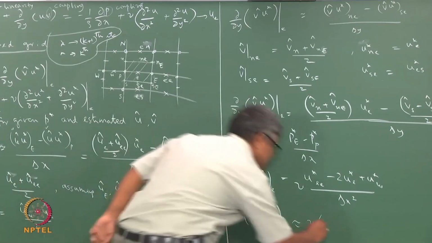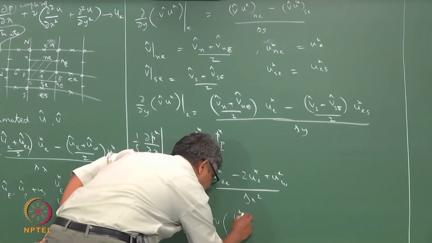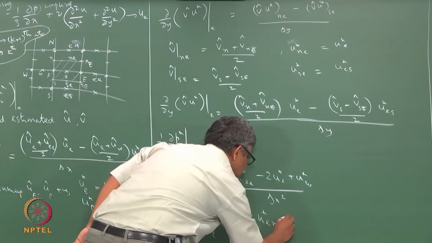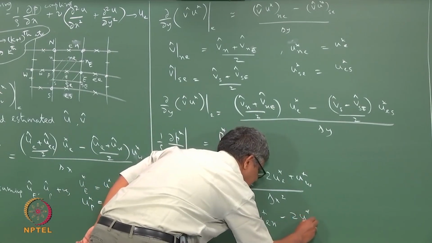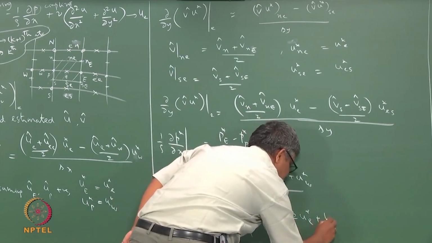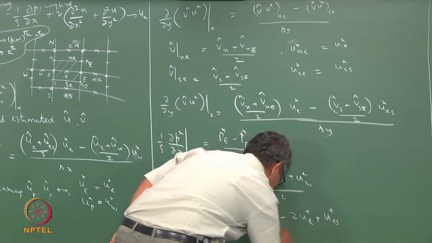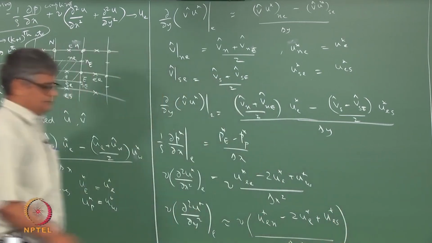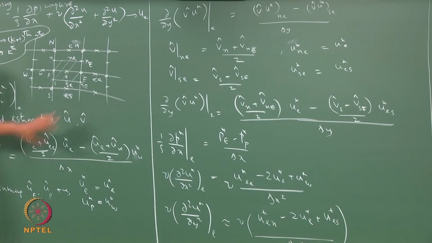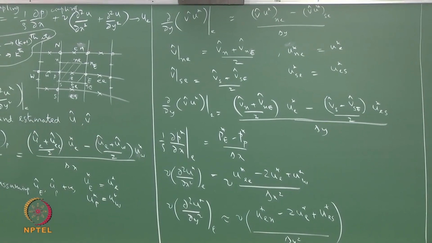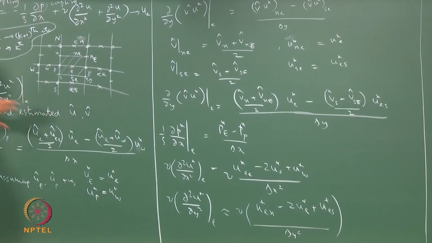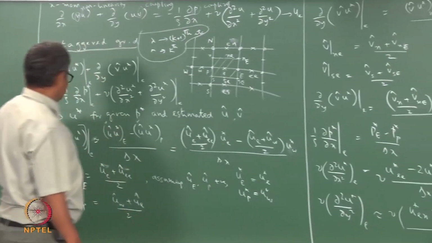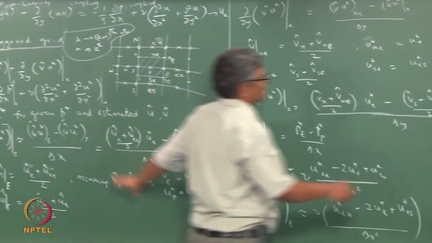So we can write this as u star EN minus 2 u E star plus u star ES divided by delta y square. Now we can substitute all of these in this equation and get an overall discretized form of this equation. Okay. So let us do that. So we substitute this one here first.